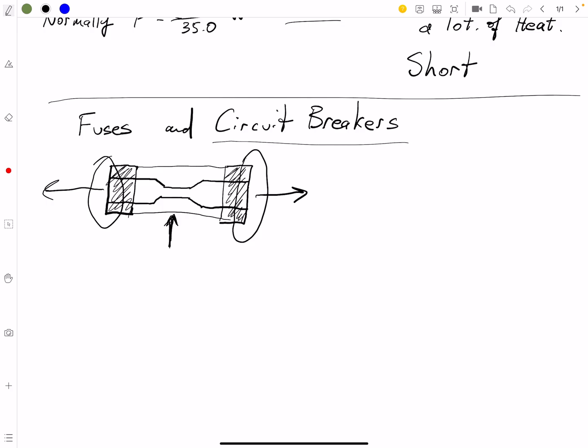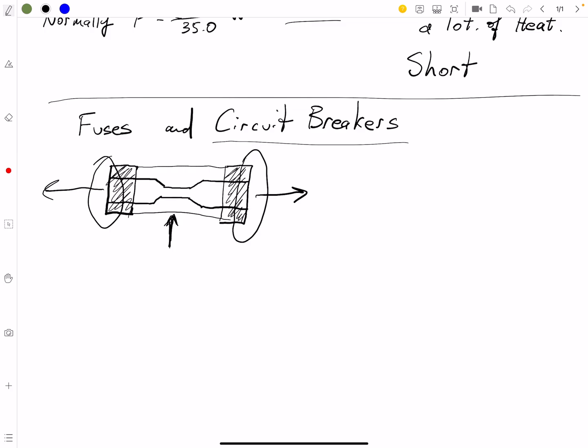Circuit breakers are nice because a circuit breaker is a switch. Let's see, how do I want to draw this? I don't have a good drawing of a circuit breaker. Let me think.